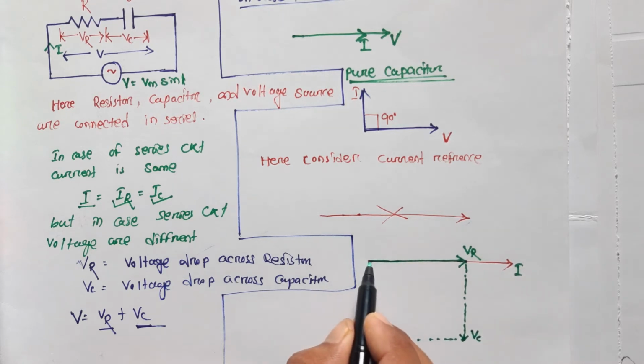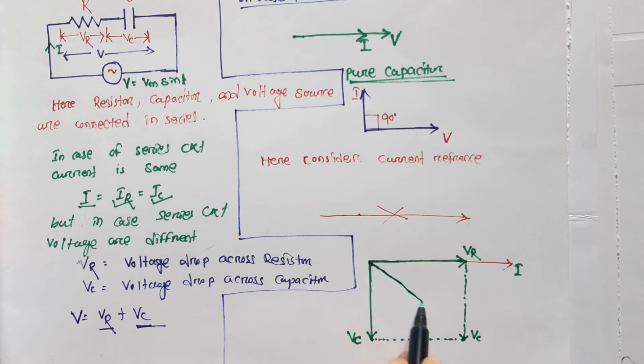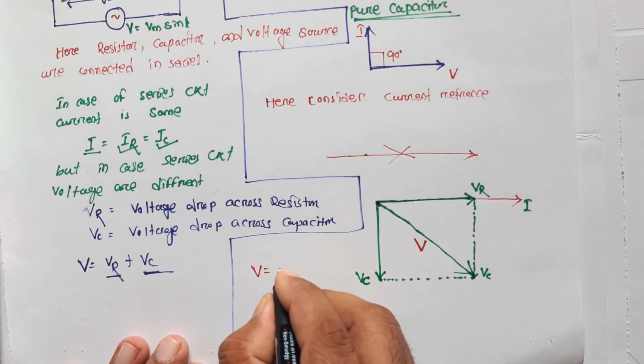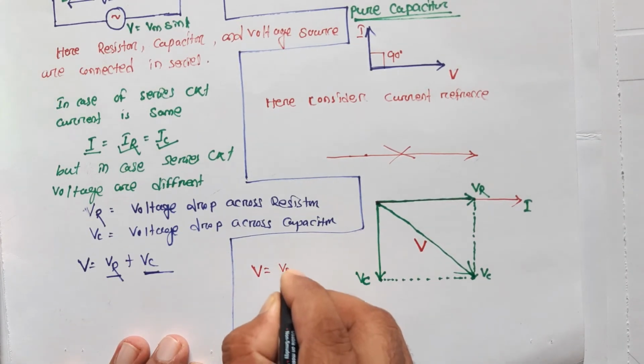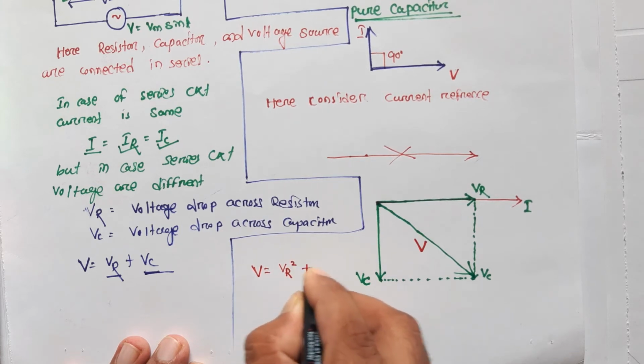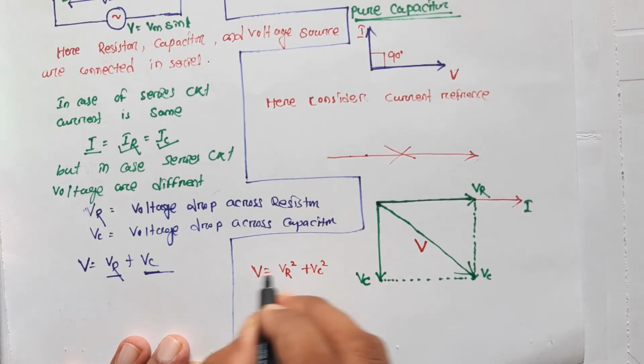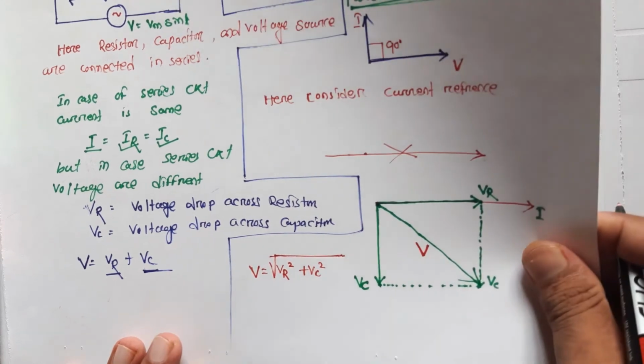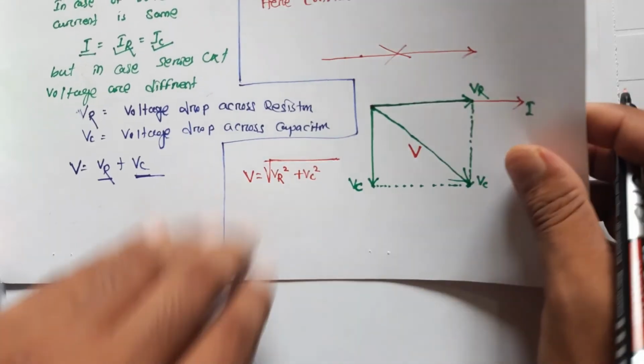Then the resultant is the total voltage V. From this triangle we can write V equals the square root of VR squared plus VC squared.